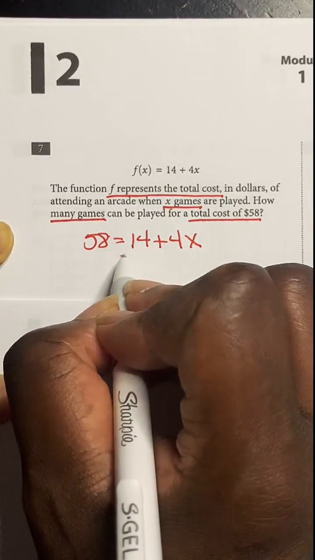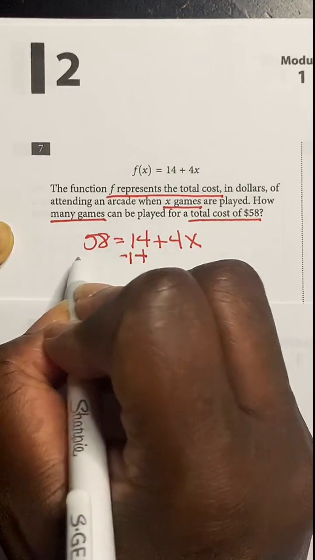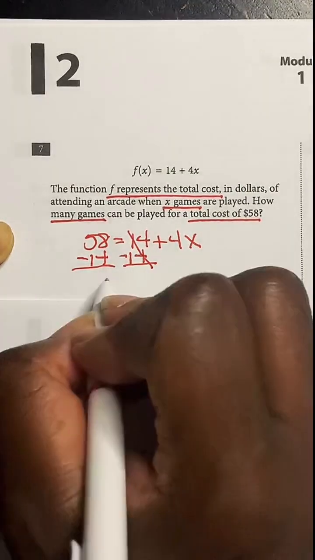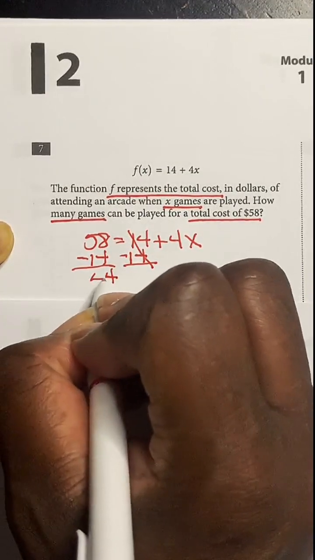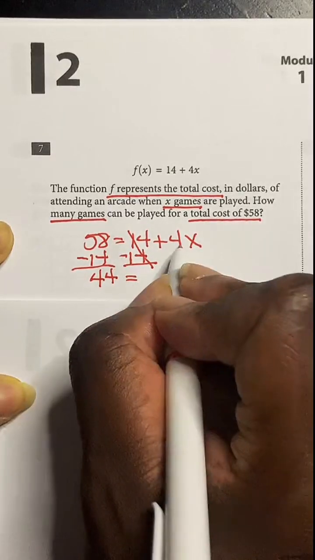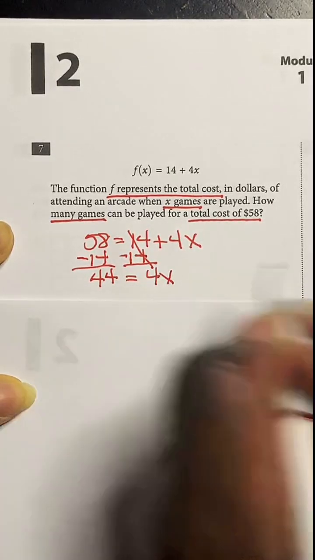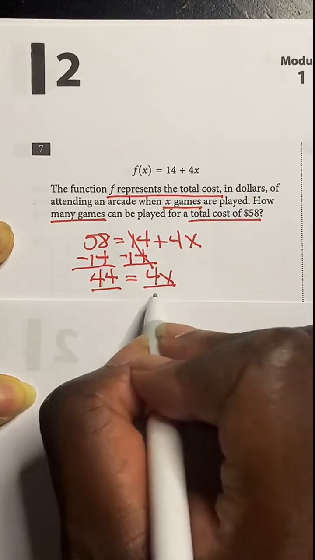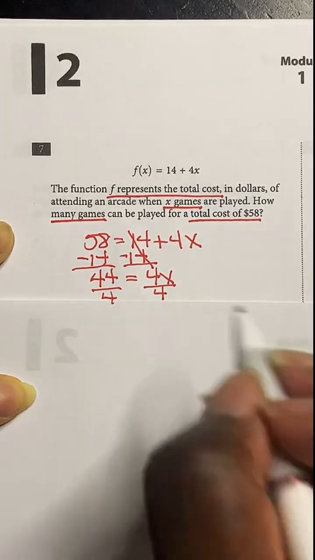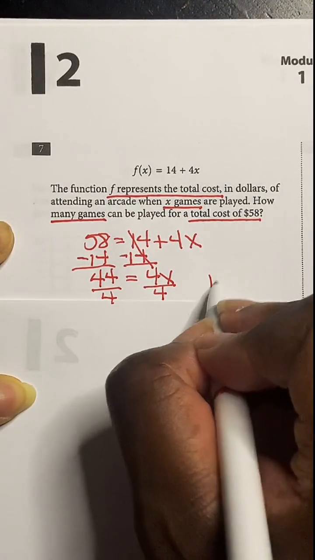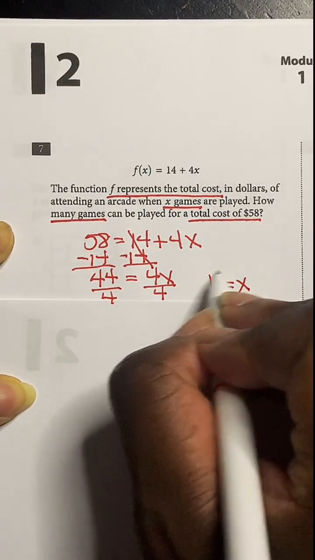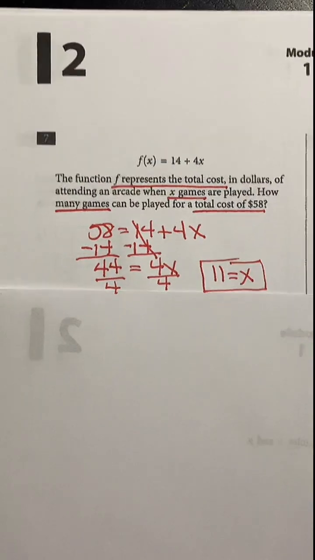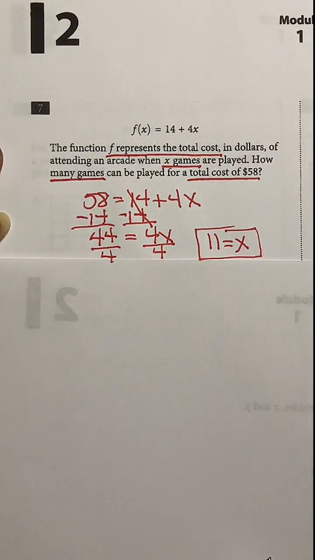If it's a positive 14, that means I'm subtracting 14 on both sides. Then this gives me 44, and I bring down my 4x. In order for me to get x by itself, I divide both sides by 4. 44 divided by 4 gives me 11. So it's going to be 11 games that they're going to need to play.